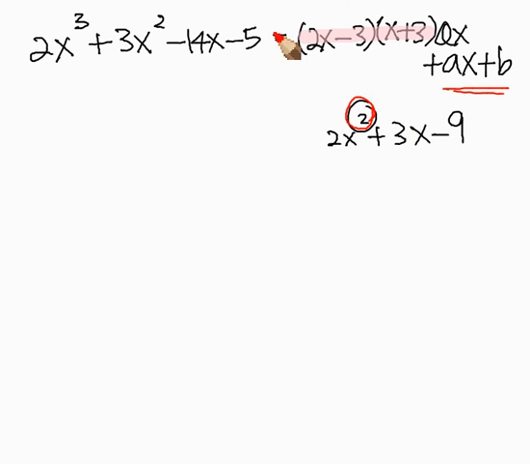This is something I would like you to remember. It's very useful, a technique used in higher order thinking questions that might appear in exams. When divisor is power 2, remainder is at least 1 degree less. So remainder could be ax plus b. It could also be 0, where there's no remainder, so it's constant, and the degree difference is 2.